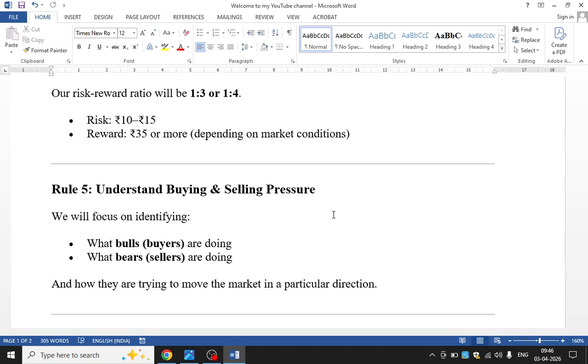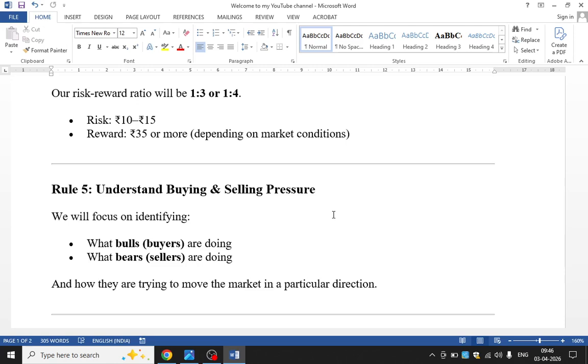Okay, now this is my rule number 5, understanding buying and selling pressure. Every time there are bulls who will try to take the price above and above and above, on the upside, and there will be bears who will try to take the price on the downside.